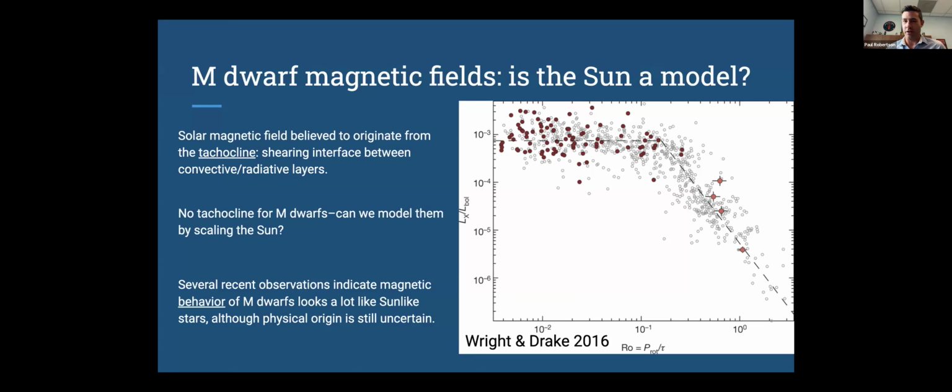And you can see this for various activity tracers. I know H alpha luminosity is another one. So the fact that you can plot the M dwarfs and the sun-like stars on the exact same plot and they follow the same lines is indicative of something. I'm not sure exactly what yet.